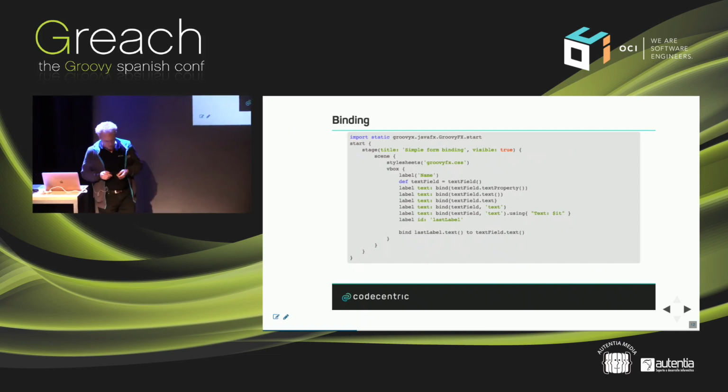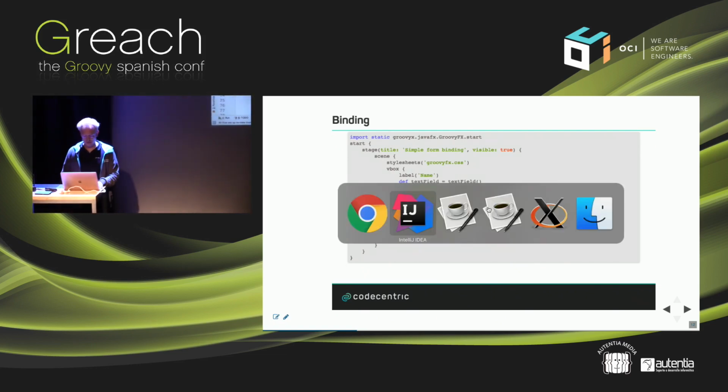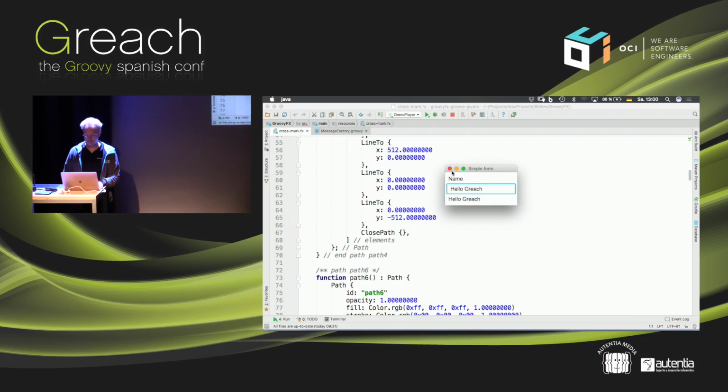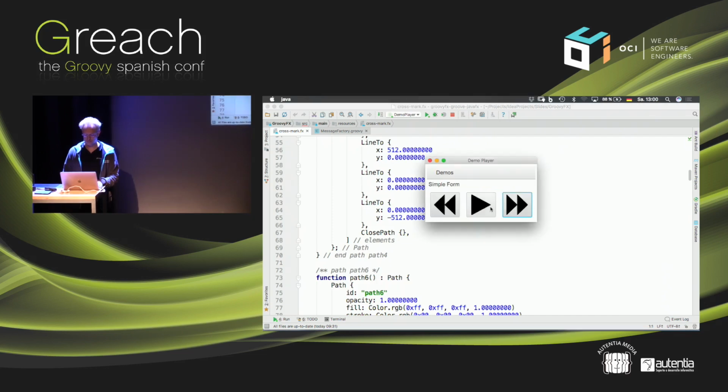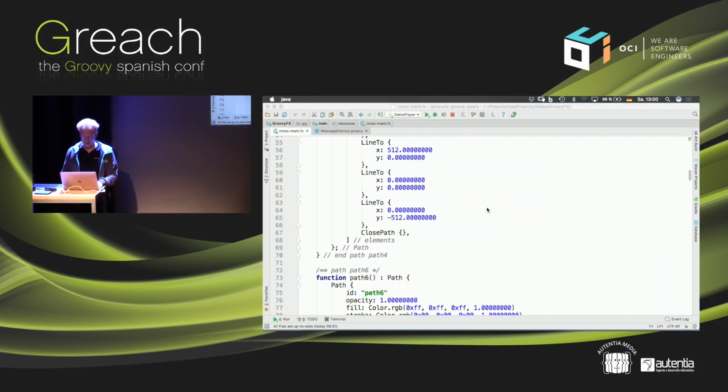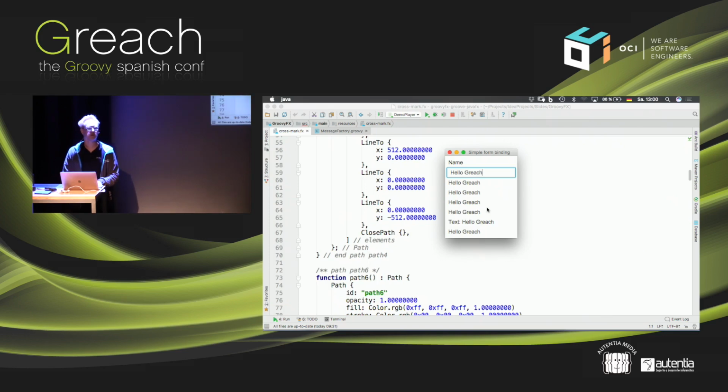So this means if I just have a look at the next example, and this should look like that. So I enter something, hello Greach, and as soon as I type anything, I will get this stuff. And as well, I see I have some kind of modification, so I just have a prefix text, for example.